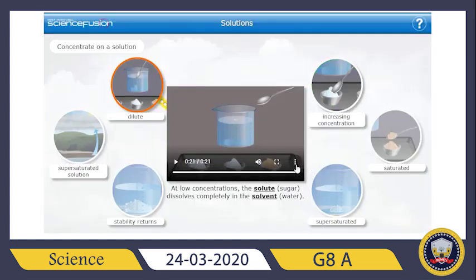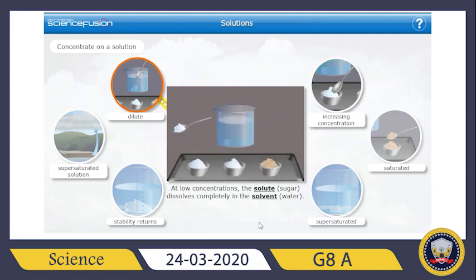So if something has low concentration, the solution is called a dilute solution. And like it is saying here, at low concentration the solute will dissolve completely inside the solvent.